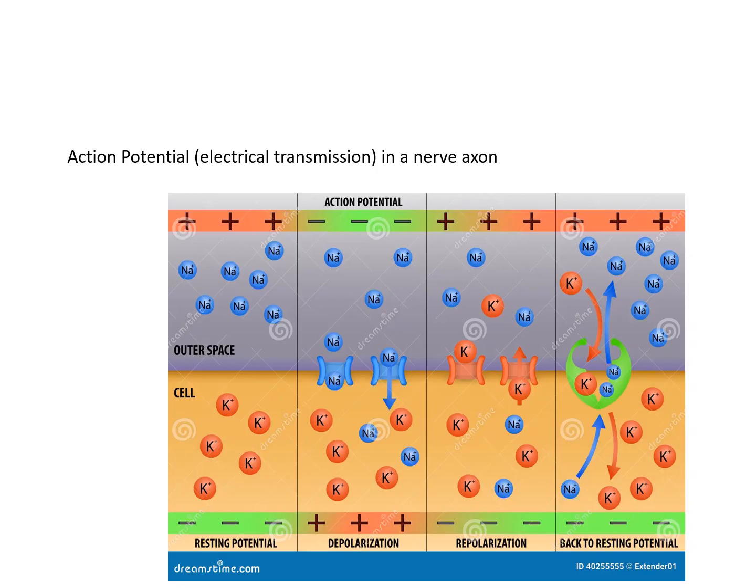So we have taken a neuron and we're focusing in on just a small portion of that long stem that comes off of the cell body. Normally, inside of the neuron, the cytoplasm is going to be negatively charged.